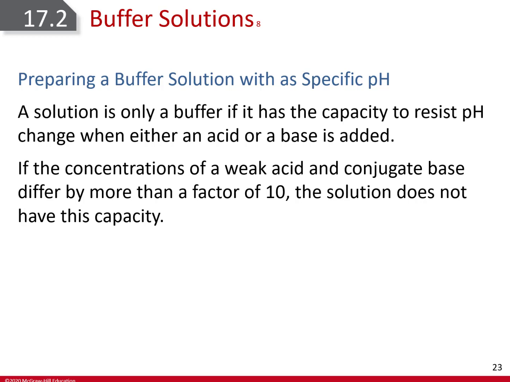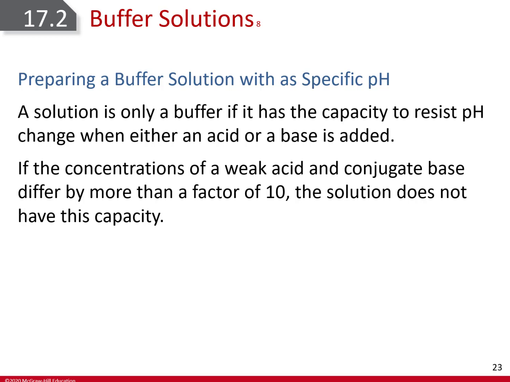So a solution is only a buffer if it has the capacity to resist the pH change. So the question always is, well, can I add as much acid or as much base as I want, and I'll always get just a small change in the pH? Well, you can exceed the buffering capacity.